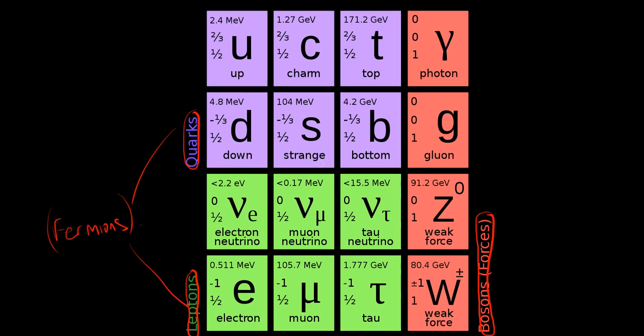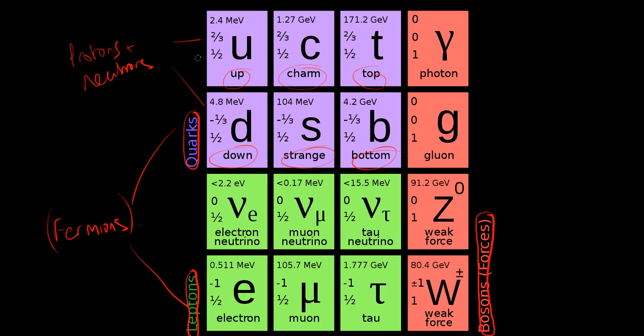What we need to have a quick look at are the different types of quarks. We have the up quark, the down quark, the charm quark, the strange quark, the top quark, and the bottom quark. This probably won't mean anything to you at this moment in time, and it shouldn't, to be honest. Because the only things you'll need to know about are the up and down quark, which make up protons and neutrons.